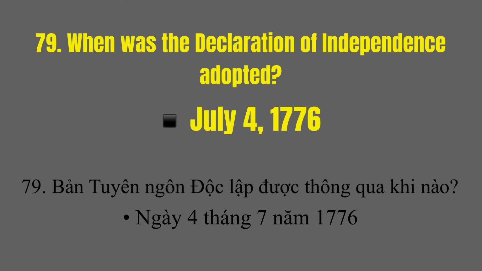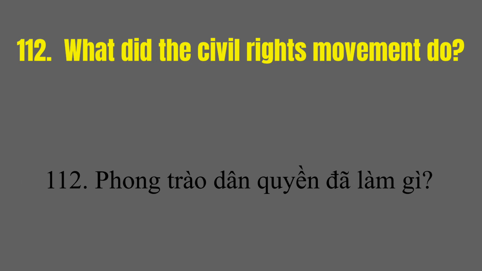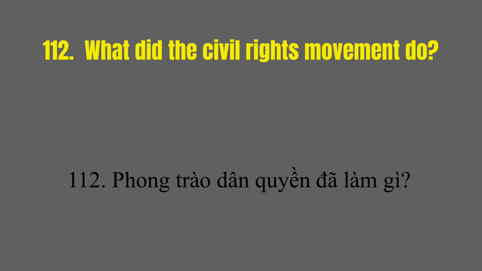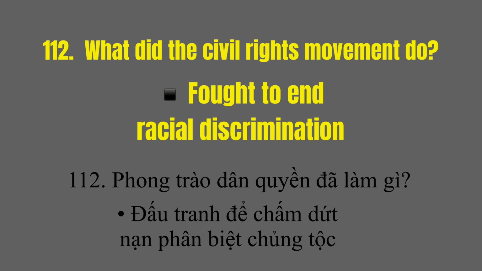July 4th, 1776. What did the Civil Rights Movement do? Fought to end racial discrimination.